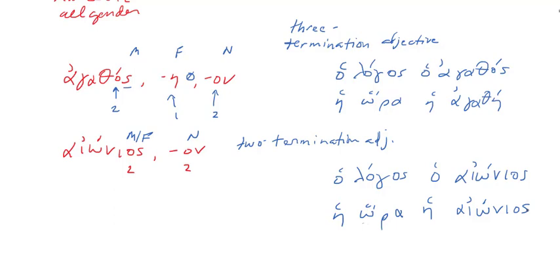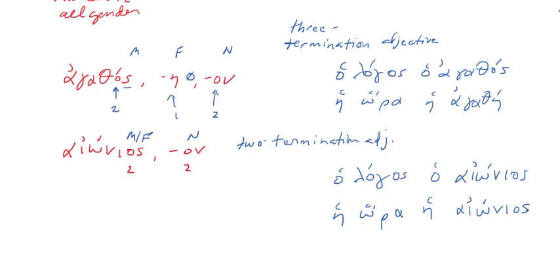The article's different. This is the thing about the article, by the way. Sometimes our nouns look feminine, and sometimes our nouns look masculine when they're not. Sometimes our adjectives look masculine when they're really feminine. But the article is always true. The article is your friend, your best friend. Never lose the article.